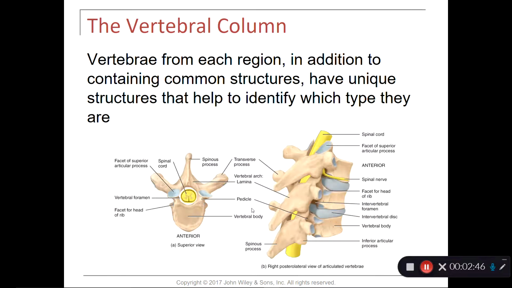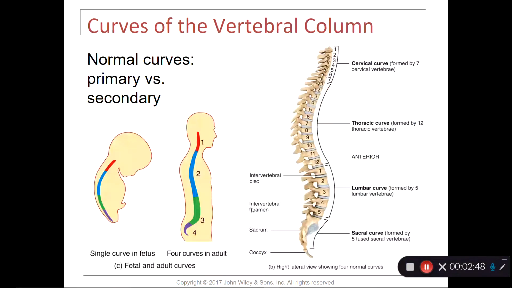So let's take a look at each one of these regions bit by bit. First off, we have the cervical curve, which has the 7 cervical vertebrae. The thoracic region has 12 vertebrae, and the lumbar region has 5. What's great about this is, if you subtract the number of cervical vertebrae from the number of thoracic vertebrae, you get the number of lumbar, which is 5.